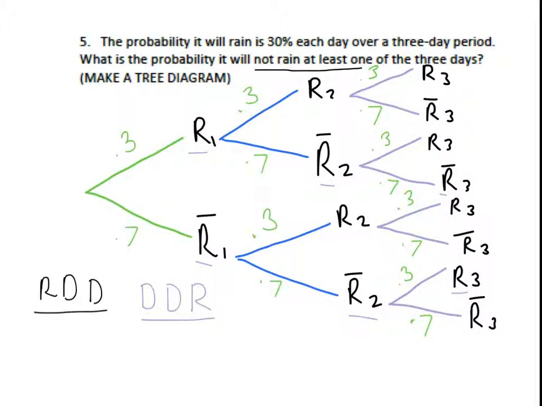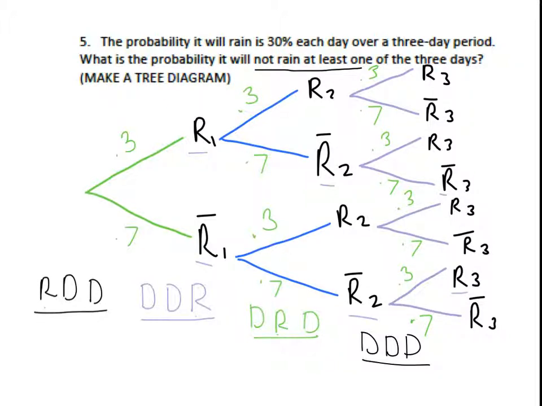We can also get dry, rain, dry. So we have that it rains on the first day, that it rains on the second day, or that it rains on the third day. And then let's put the last one of dry, dry, dry. That it will not rain at least one of the 3 days.